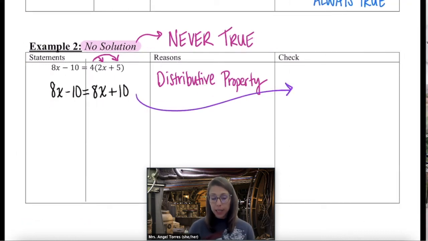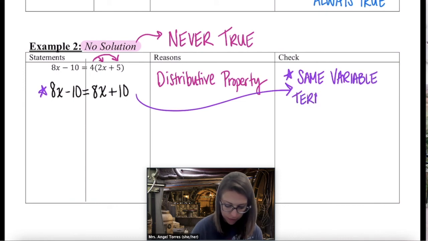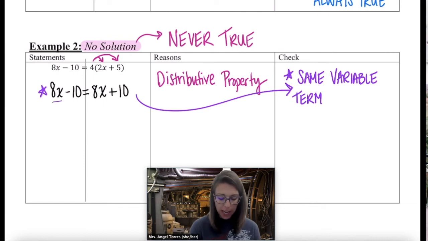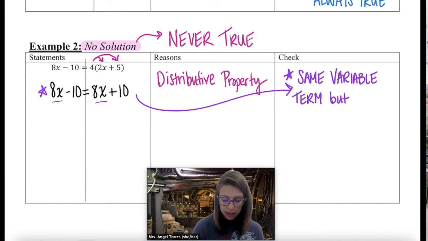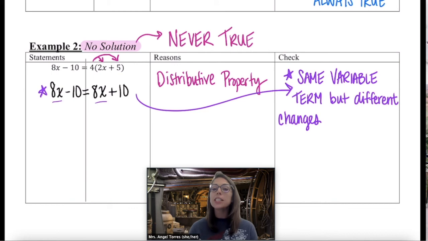So rather than doing a check, let's just explain what I just said there. How do we know this equation has no solution? Well, first of all, it has the exact same variable term. We're starting with 8x on the left and we're starting with 8x on the right. But different changes.